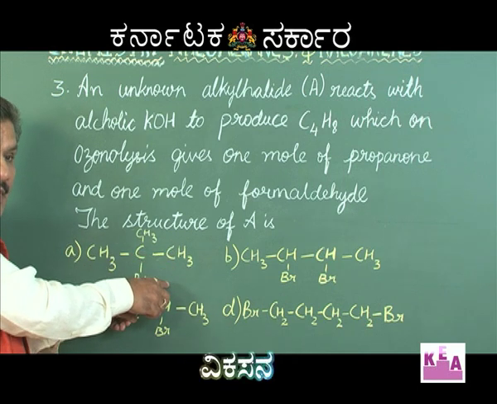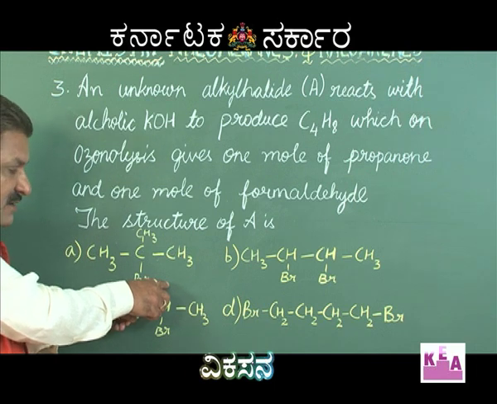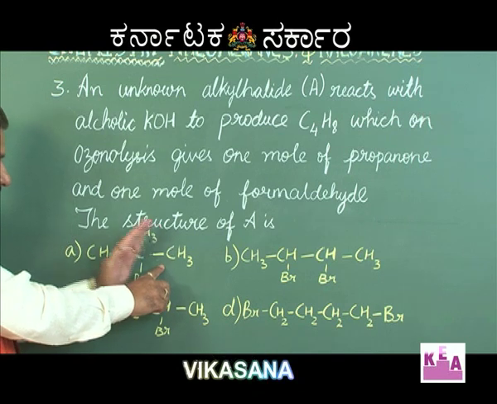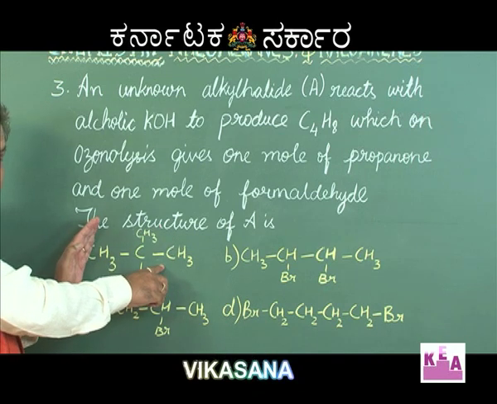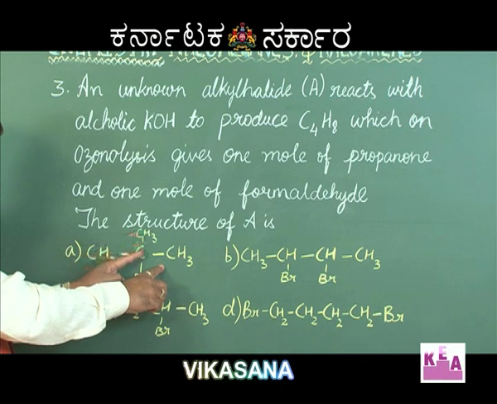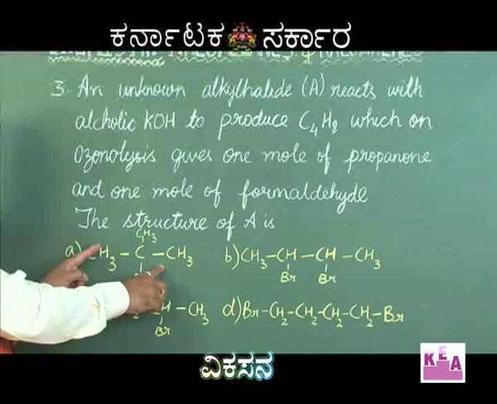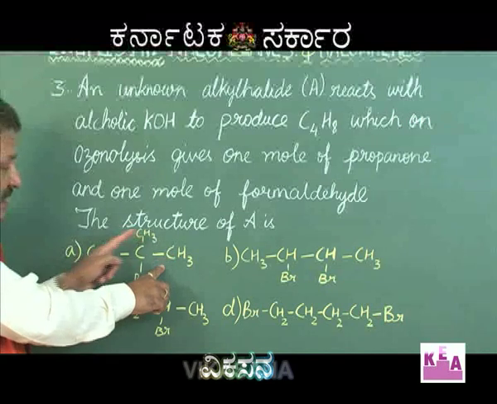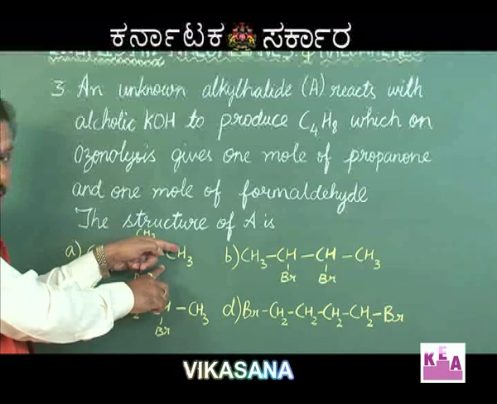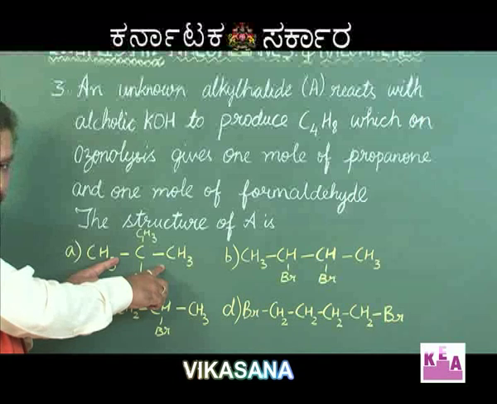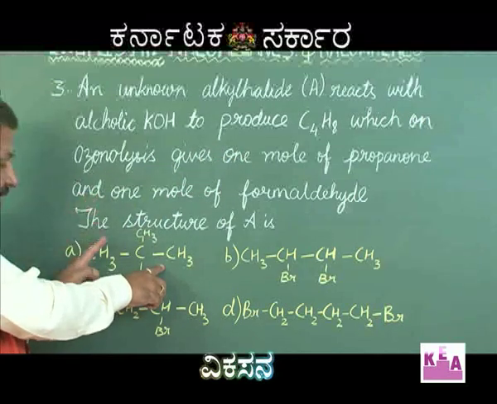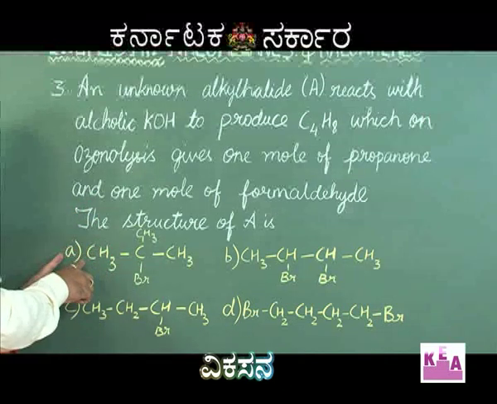That ozonide on hydrolysis in presence of zinc gives this part as one product and this part as the other product. The products are aldehydes and ketones. So, this will be CH3COCH3 and the other one will be HCHO. Acetone and formaldehyde, or propanone and formaldehyde, are obtained with option A.